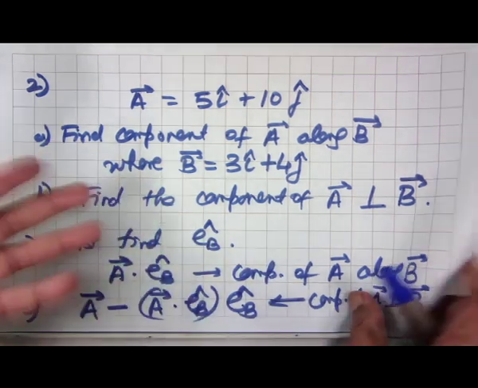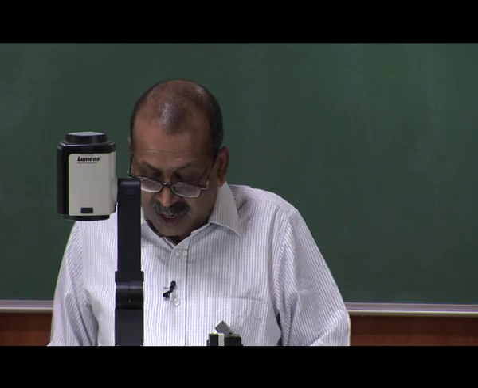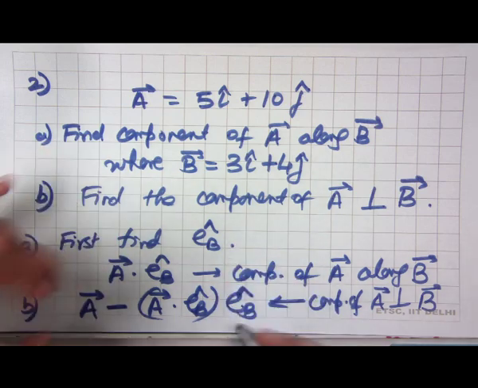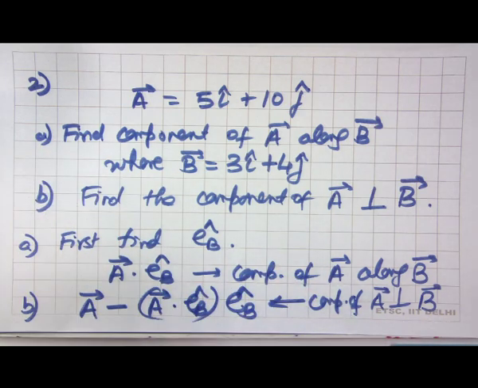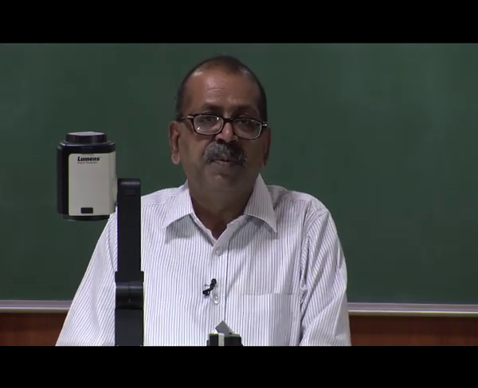These are simple numbers and you can work out these answers. And one more thing, if you have to check the answers, if you take a dot product of the two vectors which you get, you should get 0 because they are mutually perpendicular.